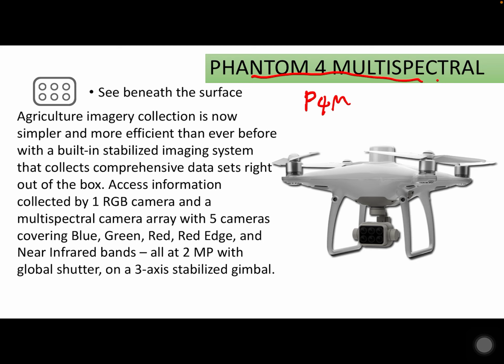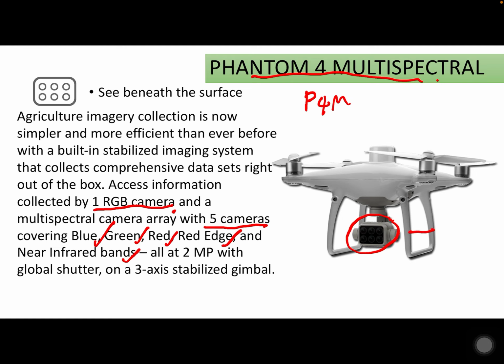It has 6 cameras, I think as stated here: one RGB camera and 5 cameras covering the blue, green, red, red edge, and near infrared bands, all at 2 MP with global shutter.